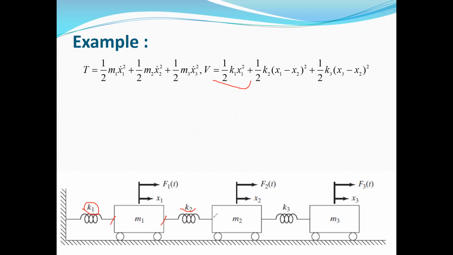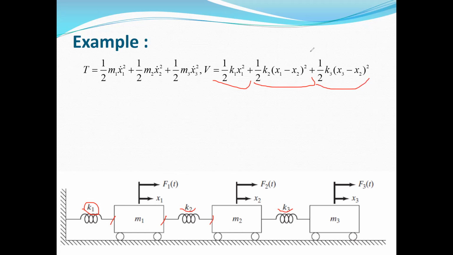Both edges of this spring are moving, so we will have half k2 times (x1 minus x2) squared, or (x2 minus x1) squared. And finally, the last spring k3, where the potential energy is equal to half k3 times (x2 minus x3) squared, or (x3 minus x2) squared, no different.